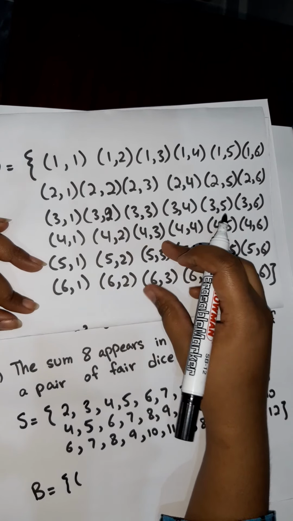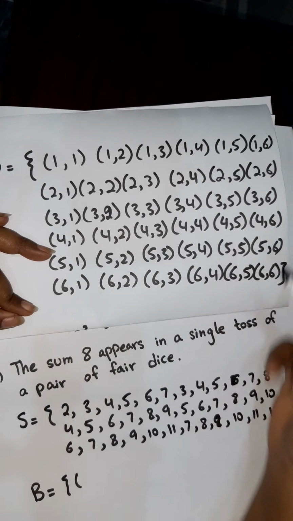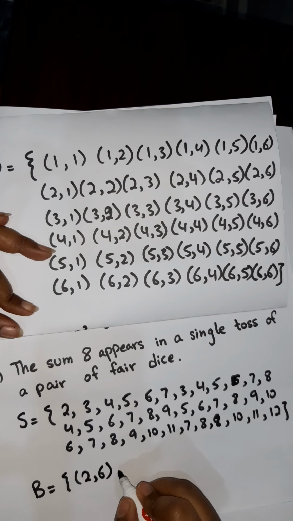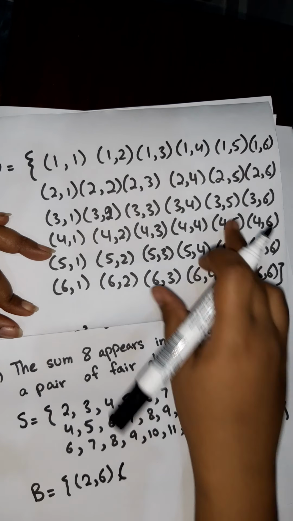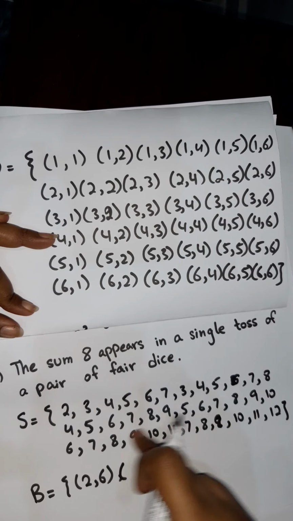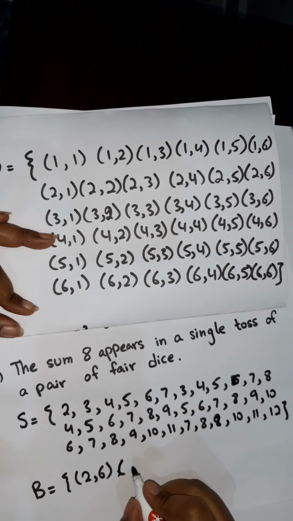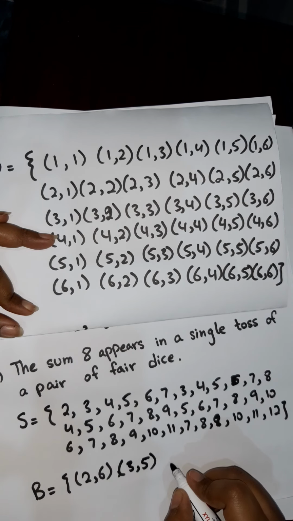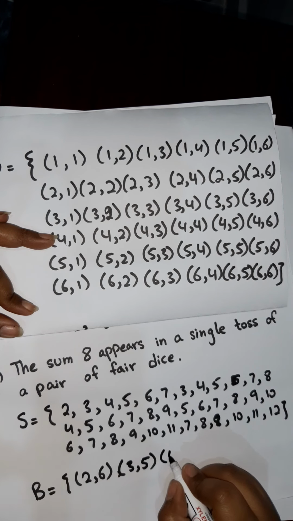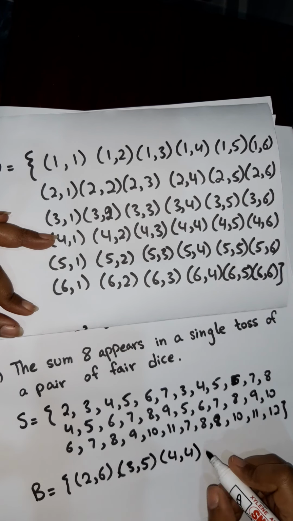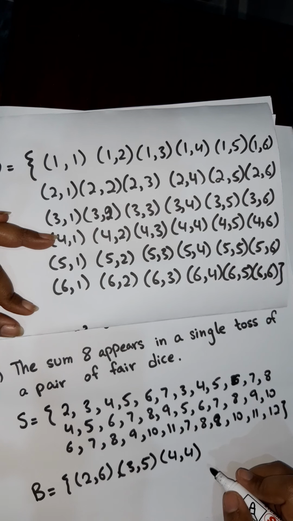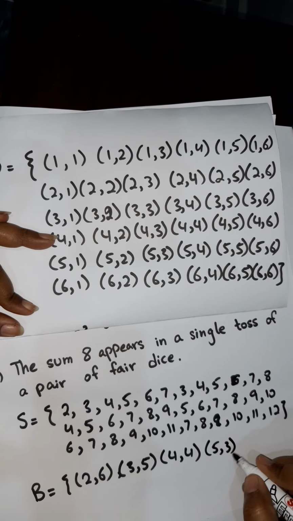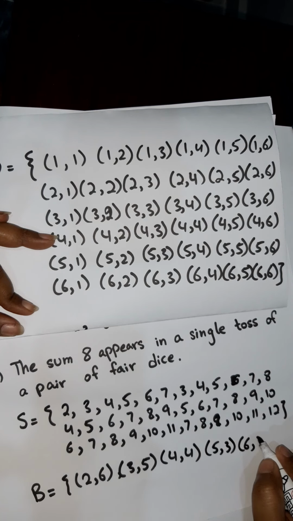And which are the original outcomes? 2 plus 6, then 3 5, then 4 4, 5 3 and 6 2.